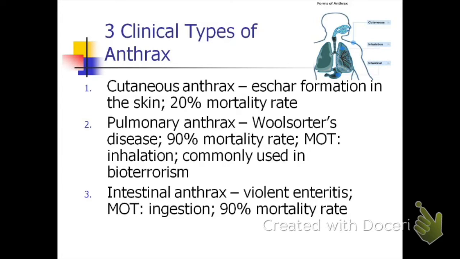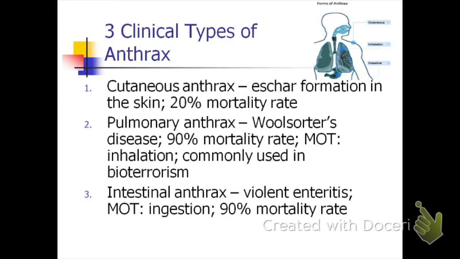Okay, so because of that, we have actually three types of anthrax. So we have the cutaneous anthrax. This is what I was saying earlier, you get it when you have an open wound, and your open wound is contaminated by the soil that contains the spores.